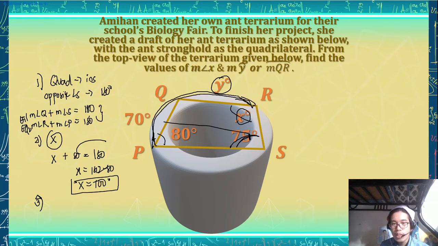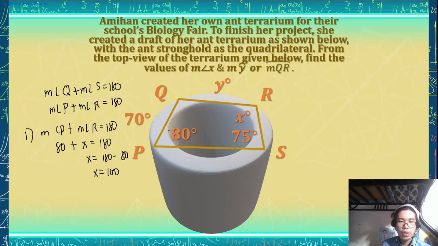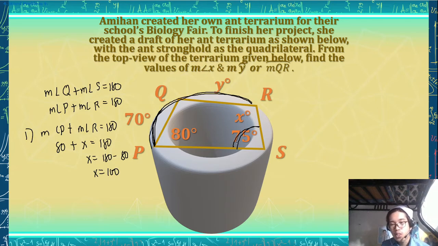The intercepted arc for this given figure is going to be arc PQR. So this 75-degree angle is one half of this intercepted arc, based on the inscribed angle theorem. This inscribed angle is the measurement of angle S.